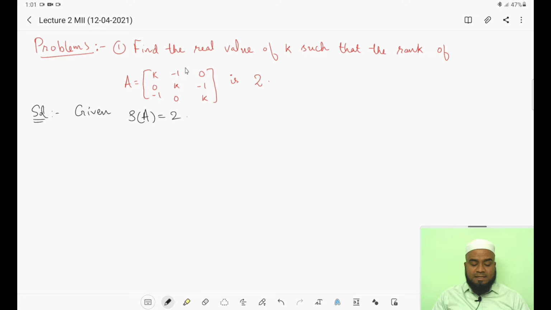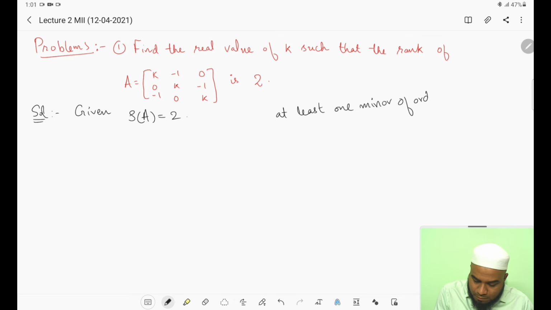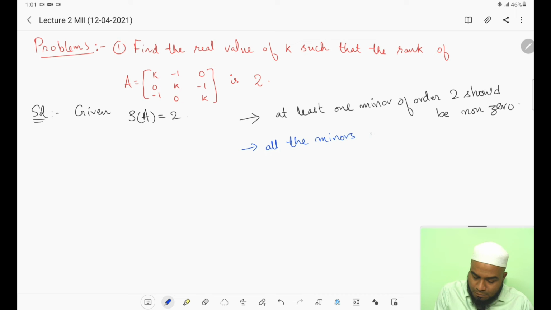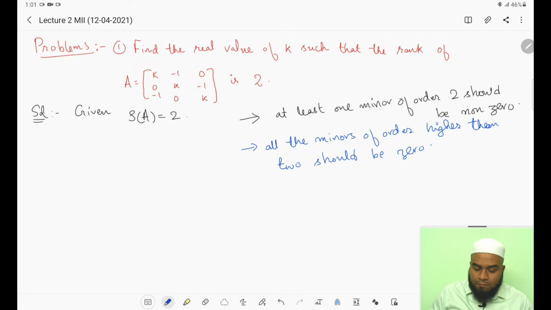The first condition for the rank of matrix A to be 2 is that at least one minor of order 2 should be non-zero, and the second condition is that all the minors of order higher than 2 should be 0.